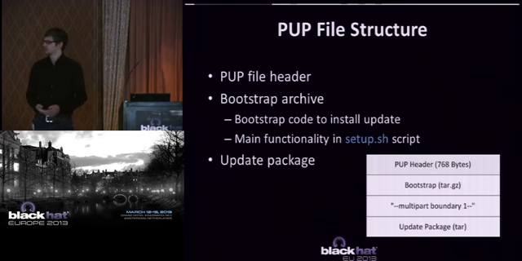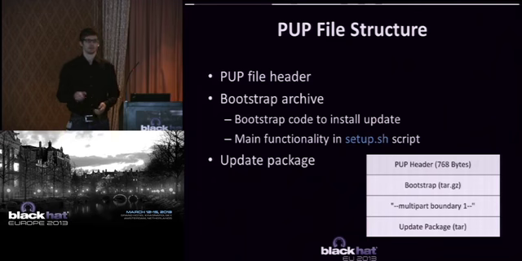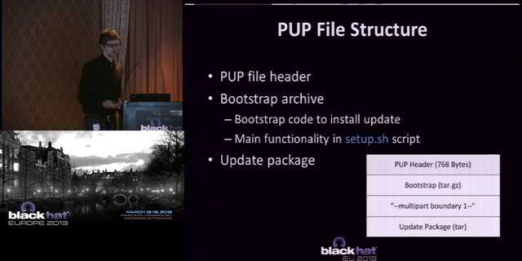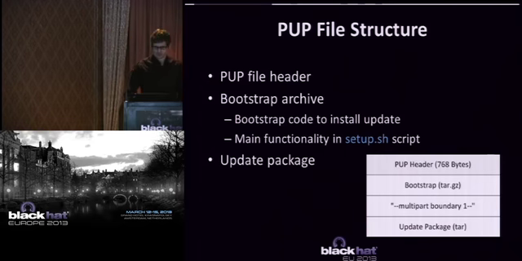The more interesting part is the update package at the end, which is the archive that contains all the files which are updated. If you don't have system-level access to the device, this is the archive where you can find all the files which, in theory, are also running on the device.